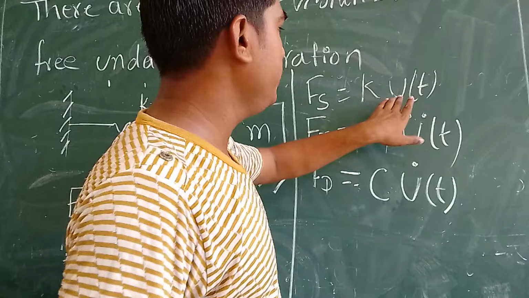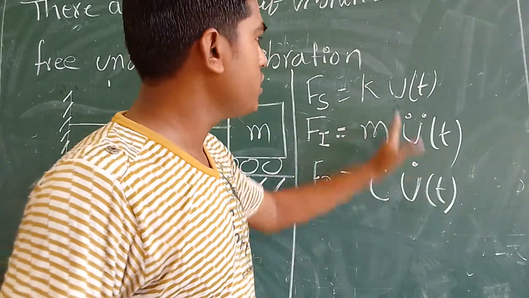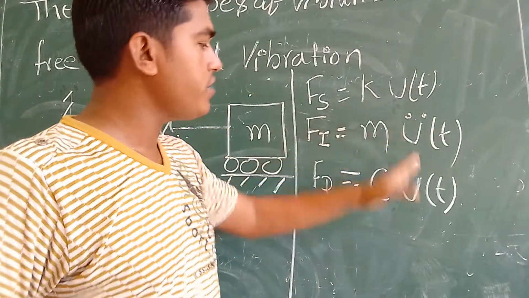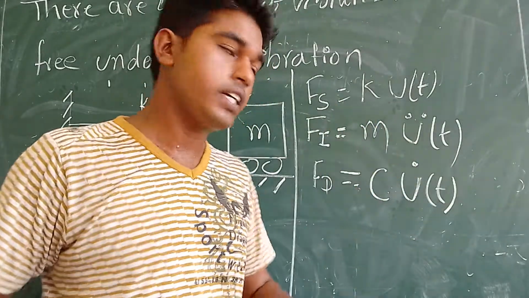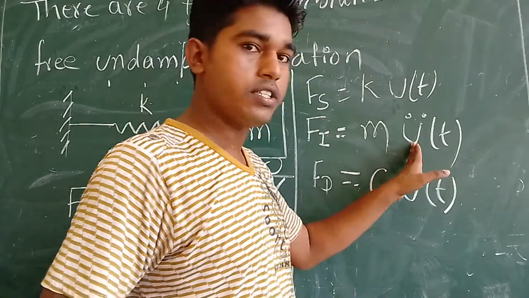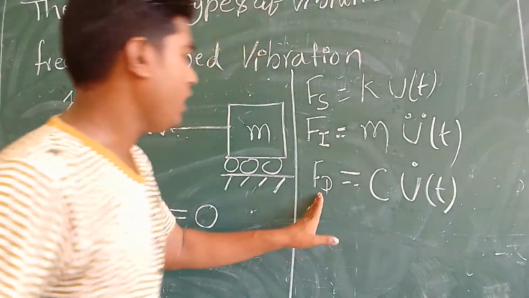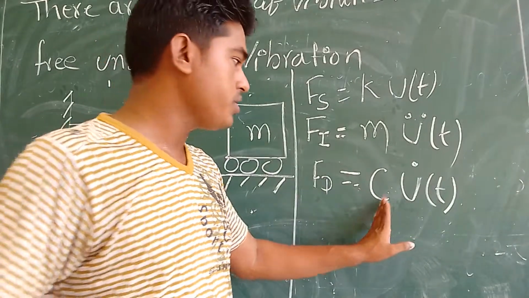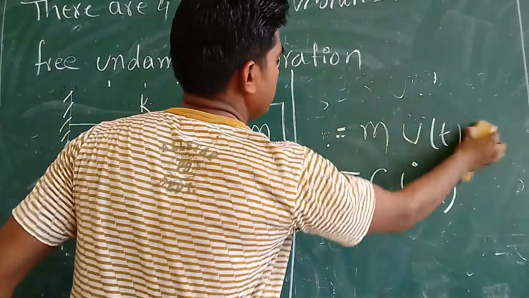If you first differentiate the displacement with respect to t, you get the velocity, and if you differentiate the velocity with respect to time again, you get the acceleration. So mass into acceleration is the inertia force, and the damping force is the coefficient c into velocity.